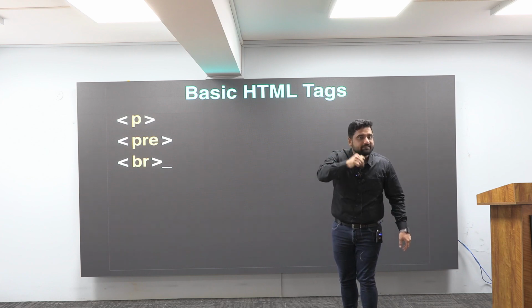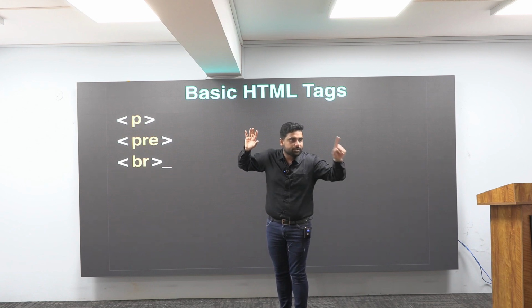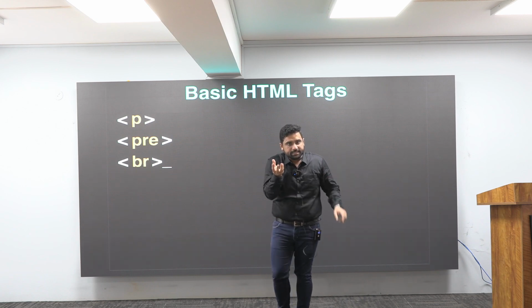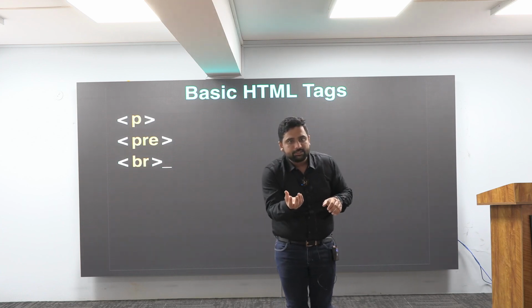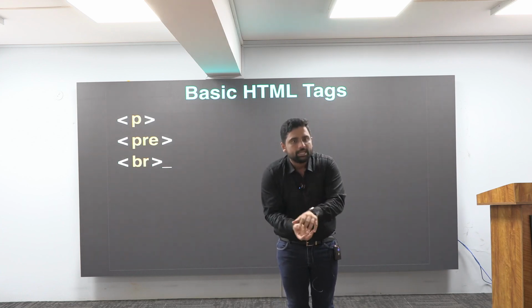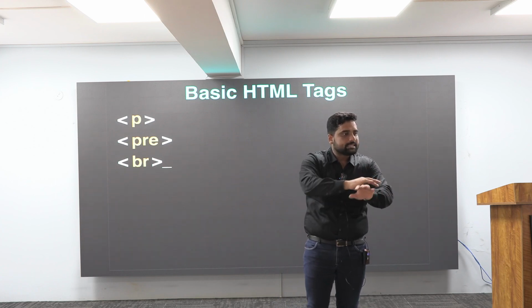You can achieve that with the help of pre tag only, right? Whatever content we have to put in pre, we should put in pre only. Whatever content we should put in P, we should put in P only. You should not mismatch or interchange that.